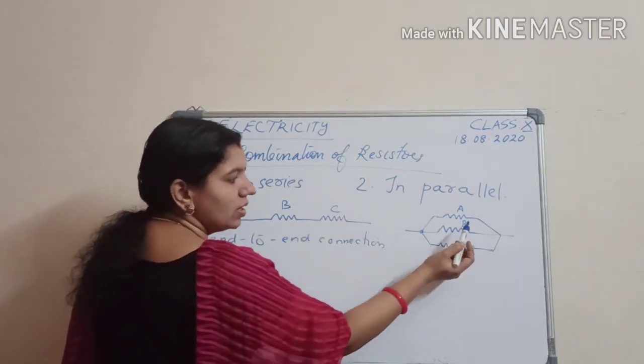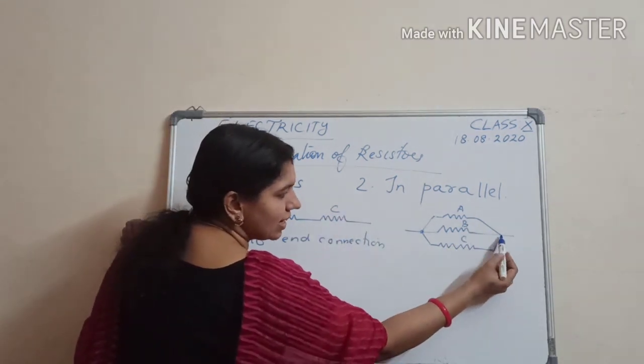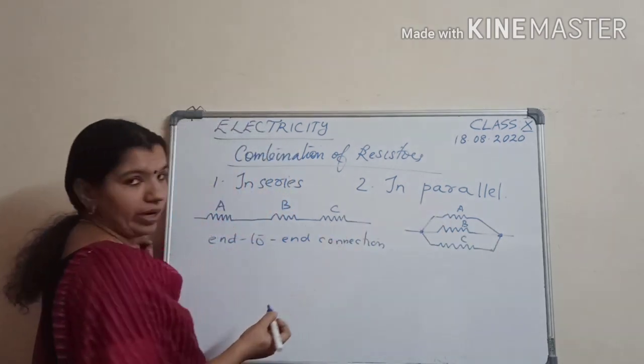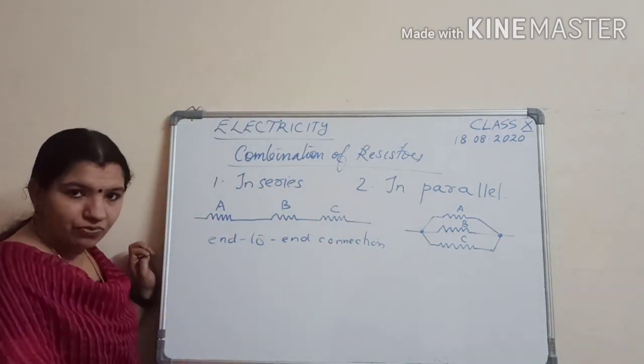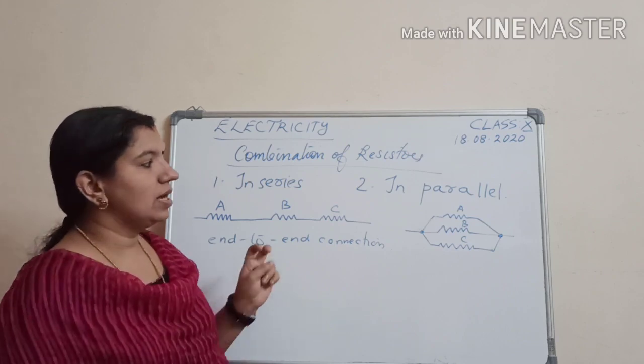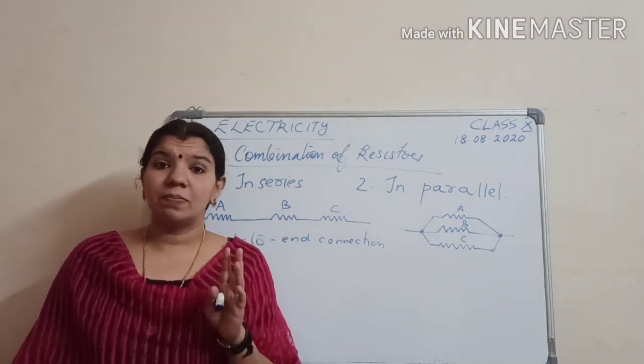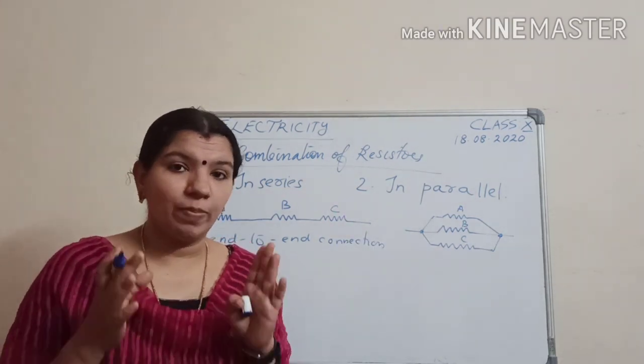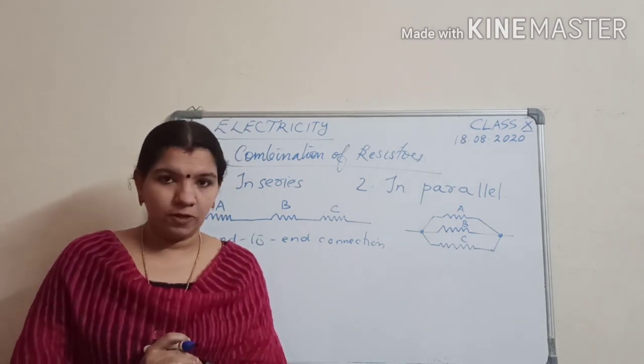Okay. Again, all the other ends are connected to another common point. So if I am arranging the resistors in such a way, such a combination is known as parallel connection or parallel combination. You got it?